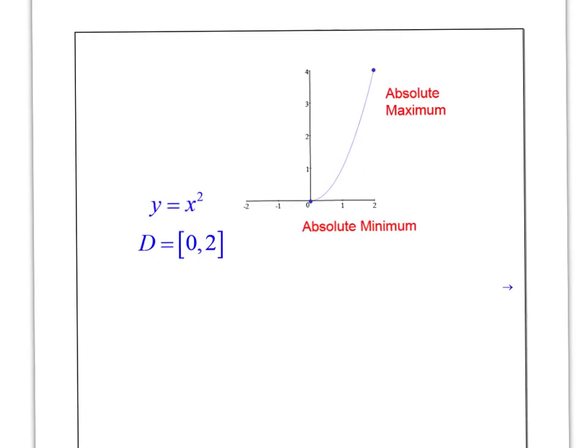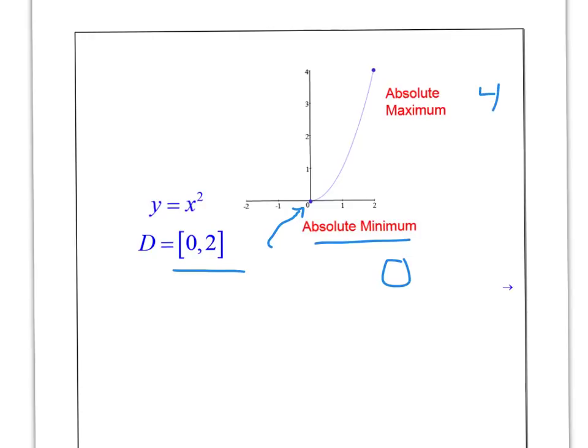By all means, if I am going too fast, you can stop this video. Now, what happens when you have a closed interval? When you have a closed interval, remember brackets mean include. That's why this dot here is filled in. You do have an absolute minimum value. It's still 0. And you have an absolute maximum value. That value is 4.